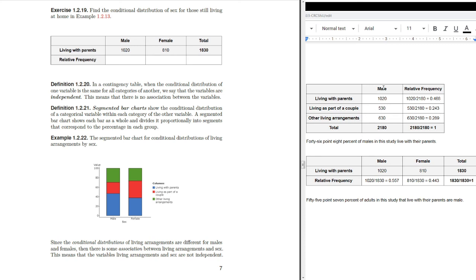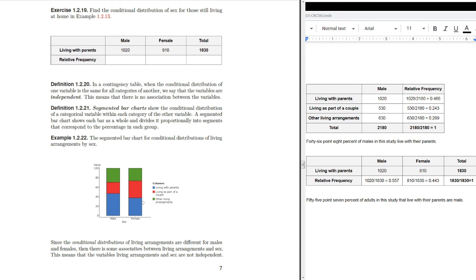If you were to perform similar calculations for females, then you will get the bar that is on the right. So now let's compare the percentages for adults that live with their parents in each group, which are the blue bars on the bottom. What we see is that there is a larger percentage of males compared to females. And so what this suggests is that if you are male, then you are more likely to be living with your parents than females.